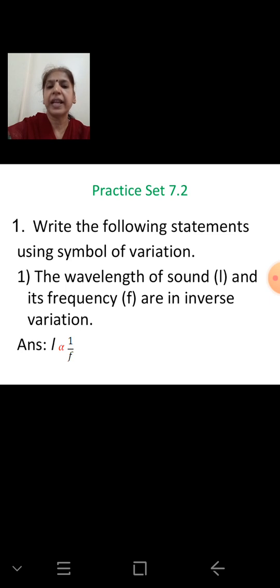Wavelength L. So write L varies, the symbol of varies is, we know, alpha, varies inversely, that is in inverse variation. Whenever it is inverse variation, we have to take the reciprocal, 1 upon. So we have to take 1 upon f. L varies inversely, that is L, put the sign of alpha, 1 upon f, and this is inverse variation written.